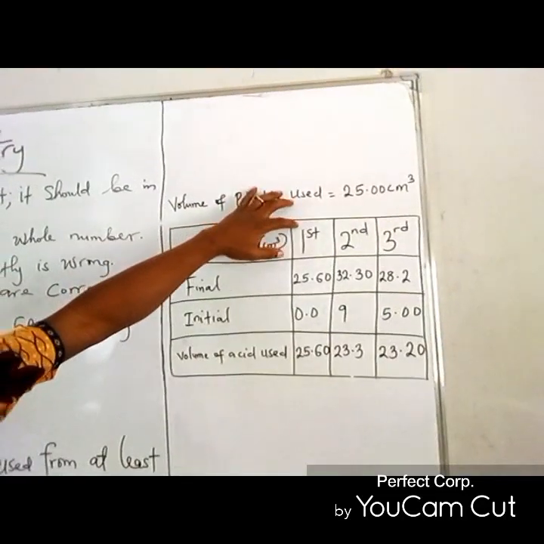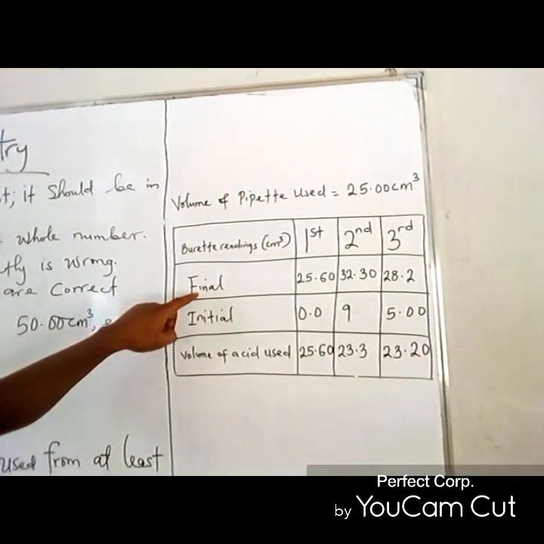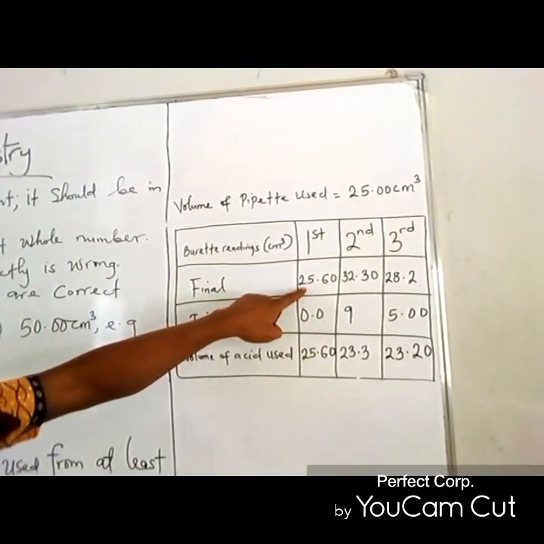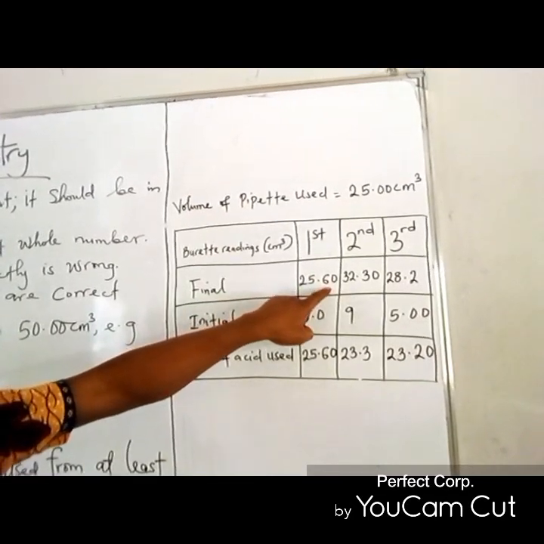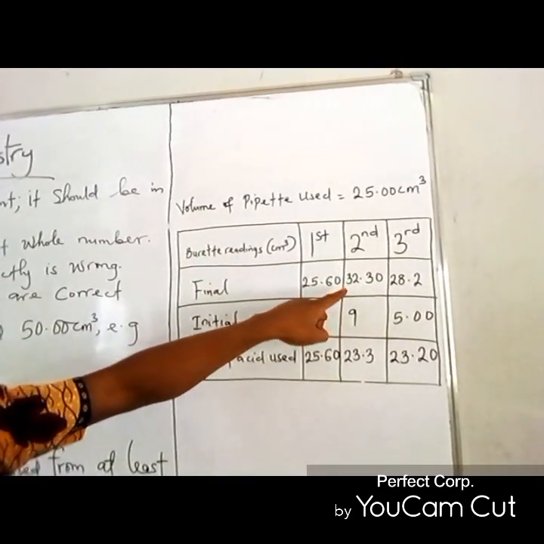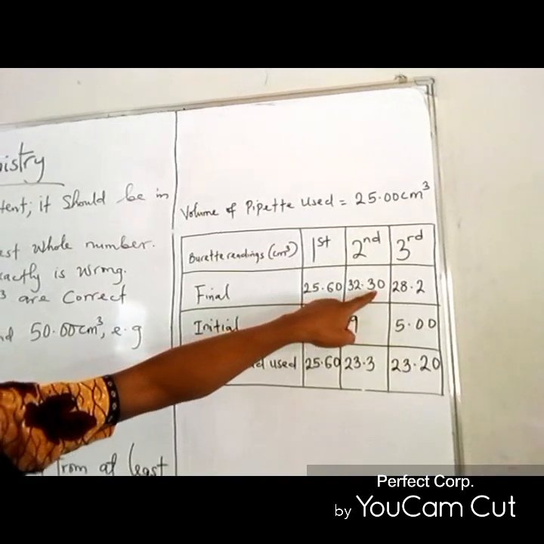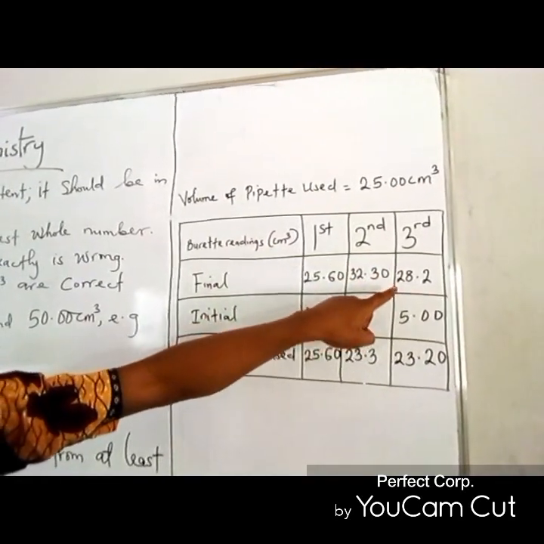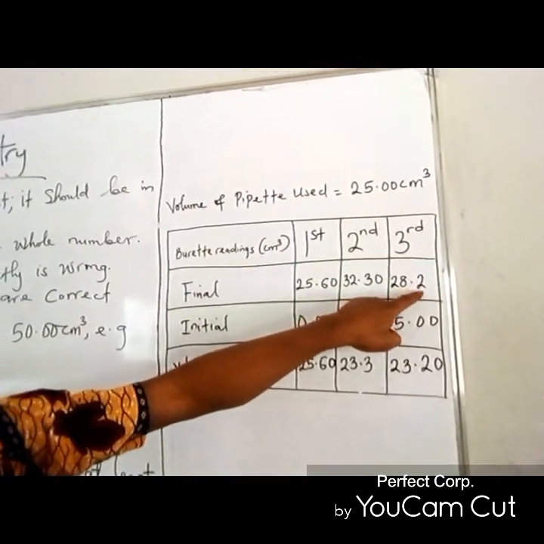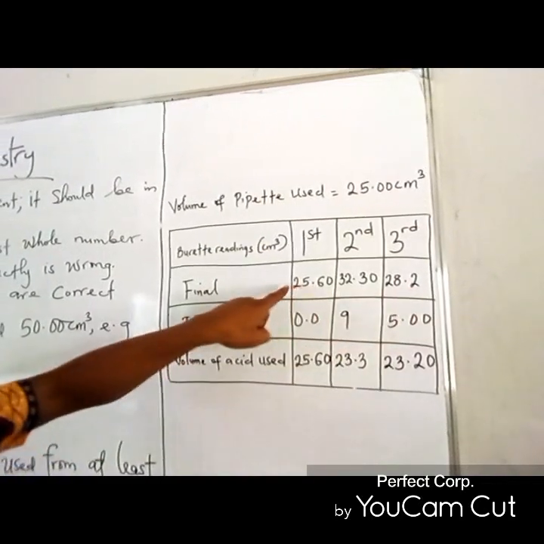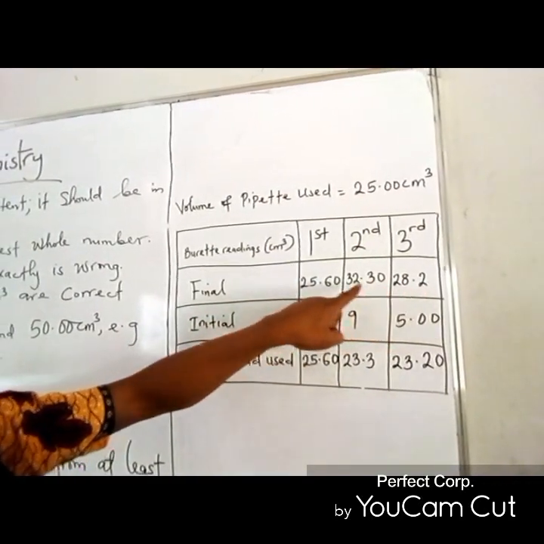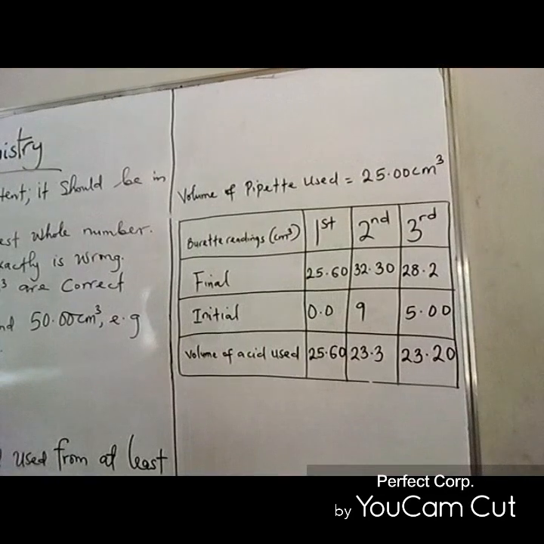For the first titre value under the final reading, we have 25.60. The second titre value we have 32.30, and for the third we have 28.2. So which means the numbers are not consistent.